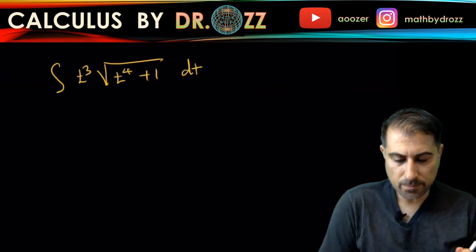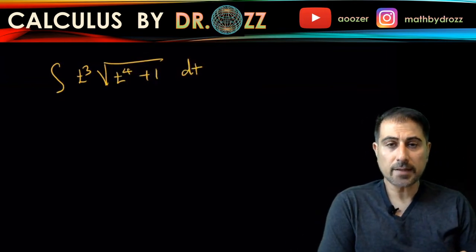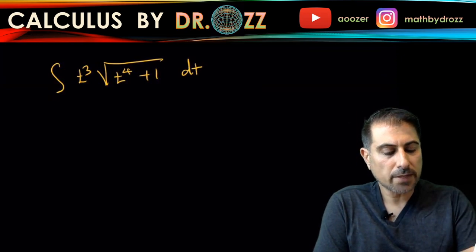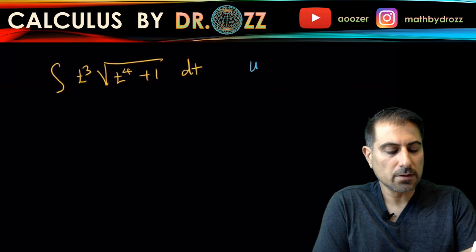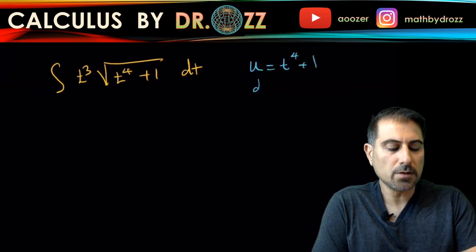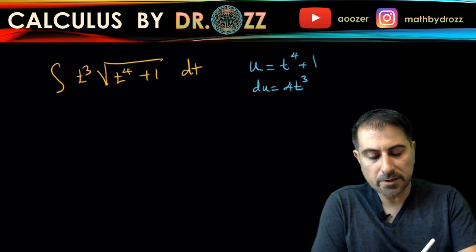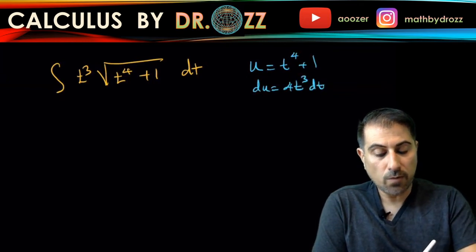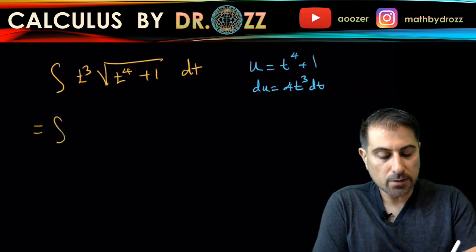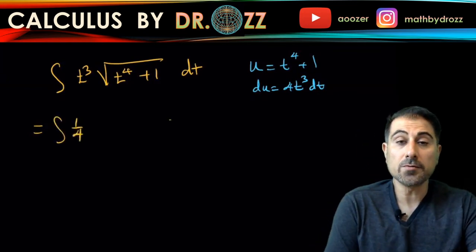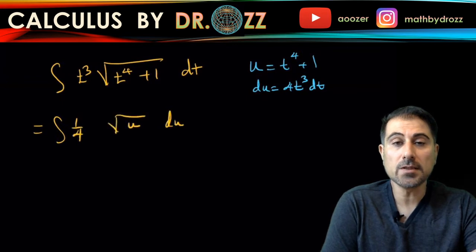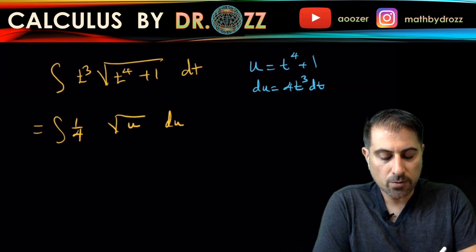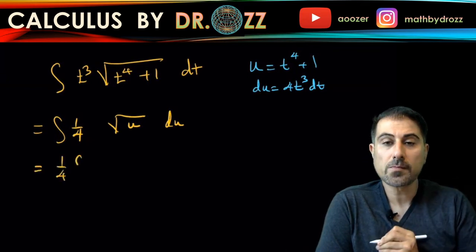All right, here we go. So I have rewritten the indefinite integral version of that. And this is a good U substitution problem. You should probably call what's inside the radical U, so that du equals 4t cubed dt. So I'm going to replace this integral by the u version of that, which is 1/4 radical u du, because t cubed dt is 1/4 du. And this is equal to 1/4 u to the power of 1/2 du.